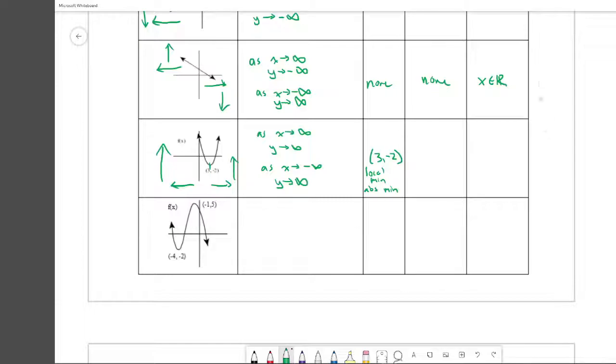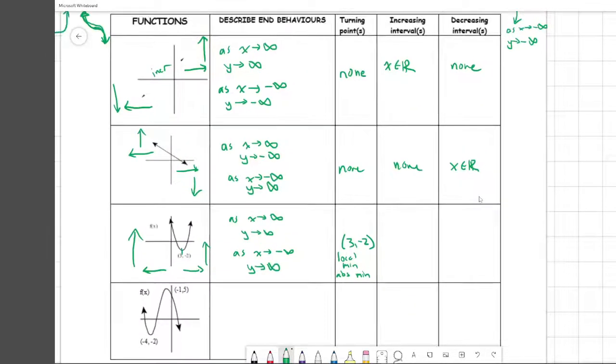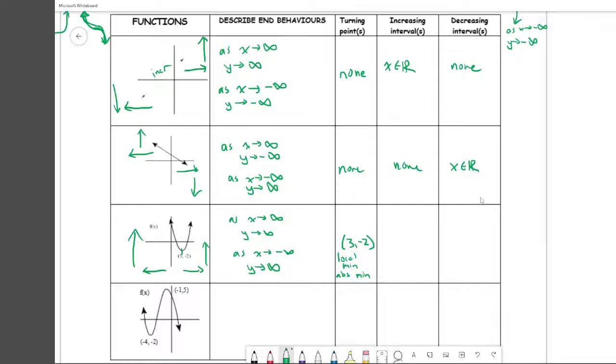Now, intervals. Let's talk a little bit about interval notation, because we didn't really discuss it in Unit 1. Suppose I say x, I want to say when is it increasing? I want to say it's increasing for all values bigger than 3. So I'm going to say x greater than 3.